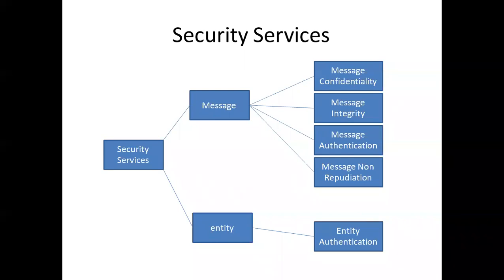As I was telling you, you can imagine two people interacting with each other over a network, or data being transmitted from the source to the destination. When you're transmitting that data from the source to the destination, you need to ensure confidentiality of that message. Suppose you are trying to transmit some military data from one point to another, then it should remain confidential only to the source and to the given destination.